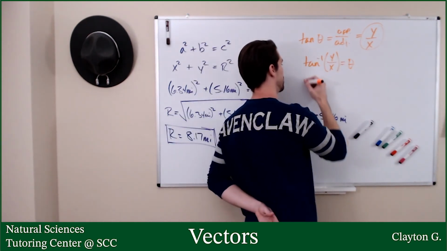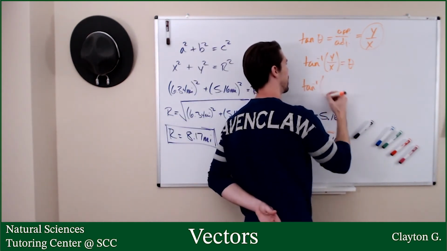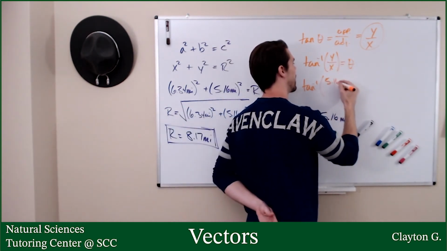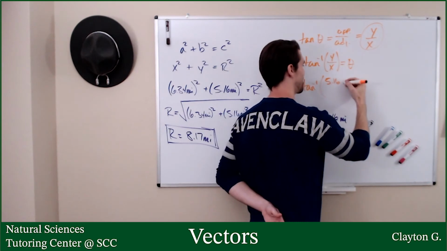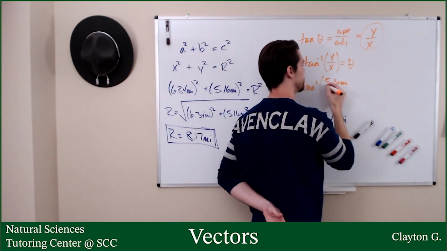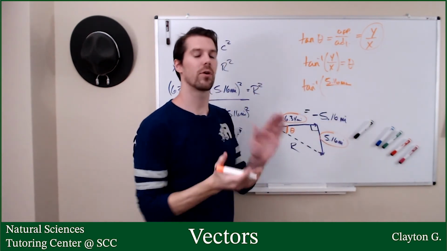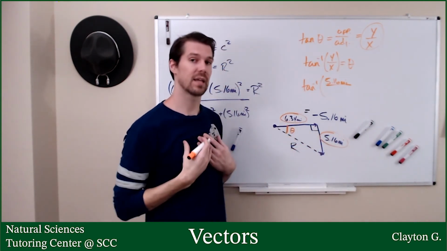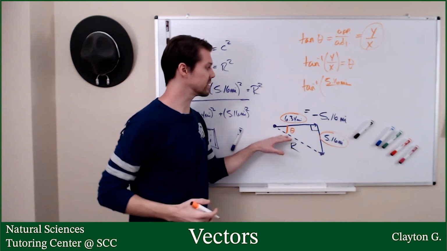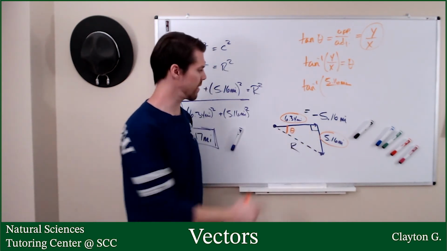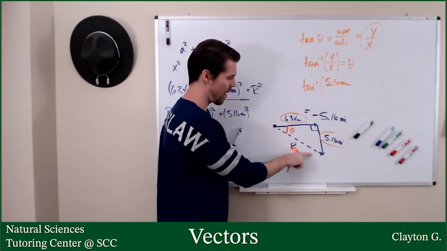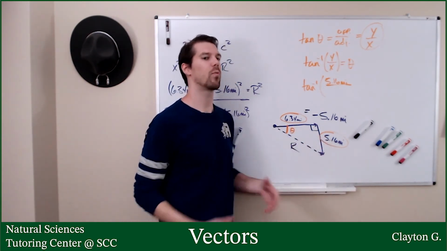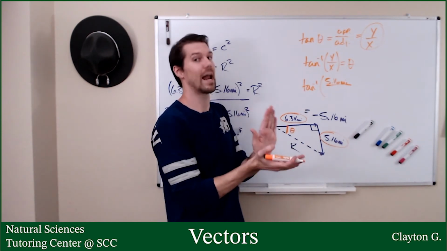So here we go. Inverse tangent of y, 5.16. And I'm going to say this one more time. I get rid of the negative signs because I want a first quadrant angle. Because the way I'm going to describe this angle is based on the cardinal directions. I'm going to say this is south of east. So I don't care if this is negative or positive because I want something between 0 and 90 anyway.